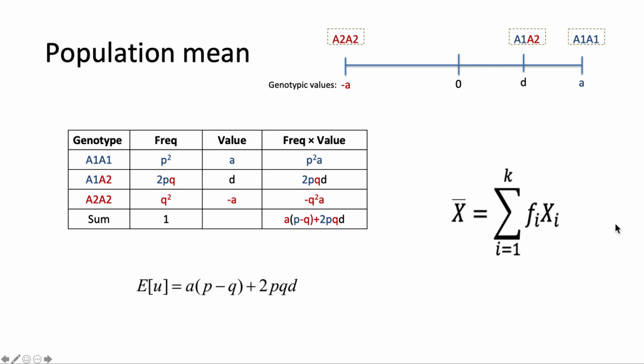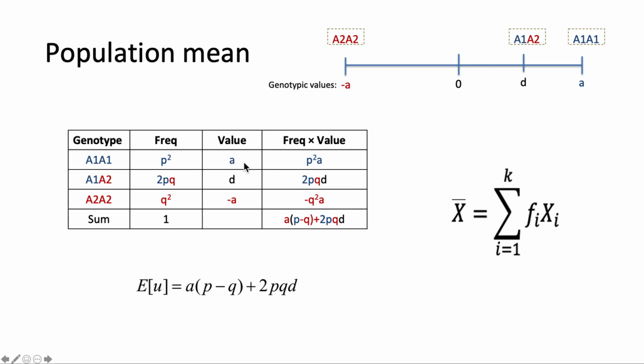We are going to use the same formula that we used in the previous video with the frequencies of the genotypes, and now we have the genotypic values here. As we have the frequencies, again p squared, 2pq, and q squared, which represent the genotype frequencies in the population, we can estimate the contribution to the mean of each single genotype.